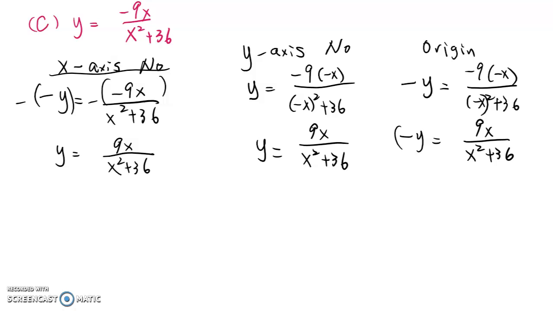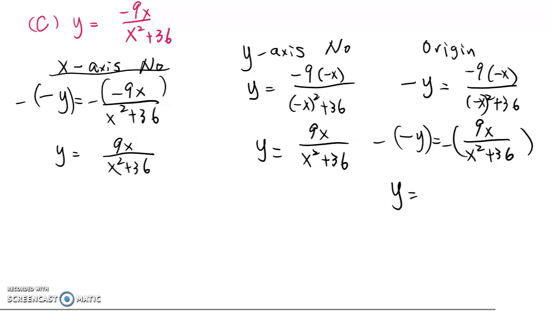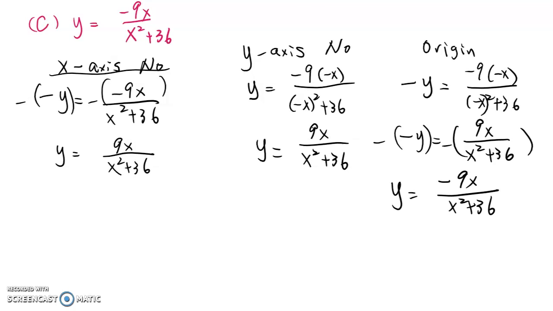Now let me multiply both sides by negative 1. So you have y equals, okay, so the negative sign I'm going to multiply to the top. Negative 9x over x squared plus 36. So yes, I did get the same equation back. That means this equation is symmetrical with respect to the origin.